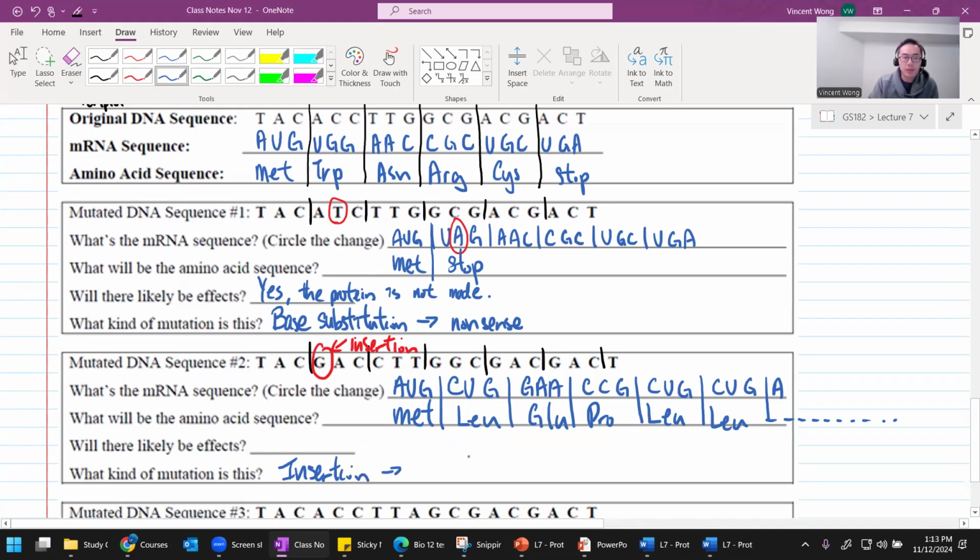And because we did not insert multiples of 3, it resulted in a frameshift mutation. And basically everything after the point of insertion is wrong. They are all missense, essentially. So extensive, extensive means a lot of it, right? Extensive missense mutations.